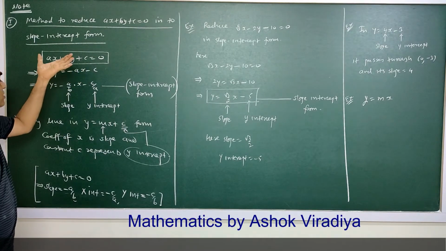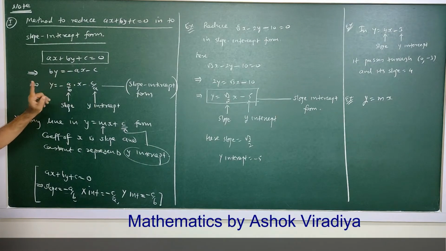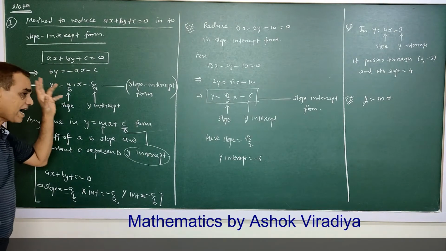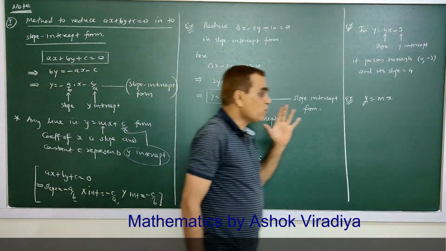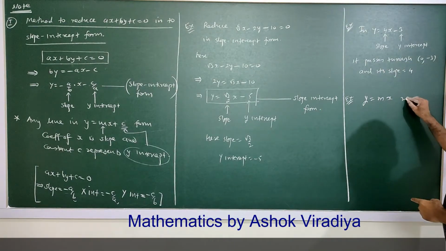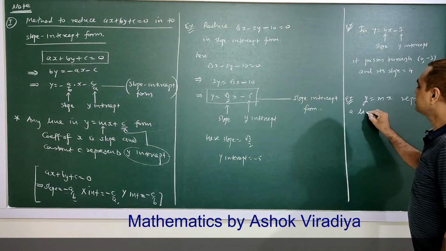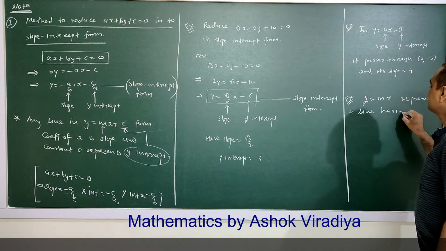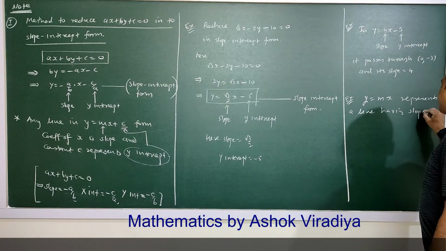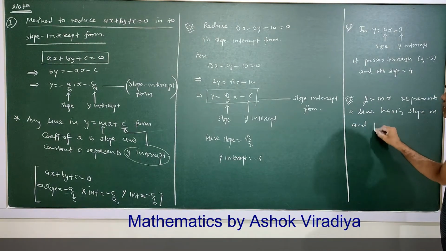So when we start this procedure from ax plus by equal to 0, then by is minus ax, so y is minus a by b x, so y equal to mx plus c. This line represents a line having slope m and passing through the origin.